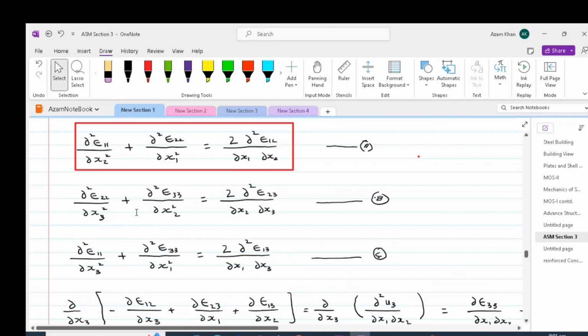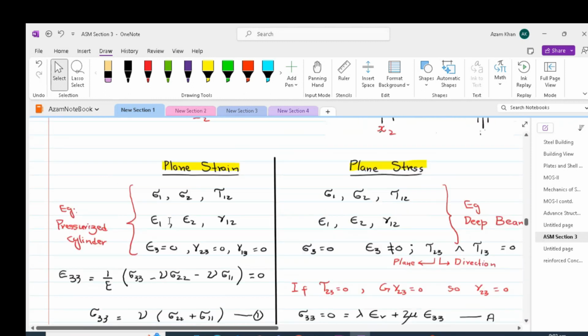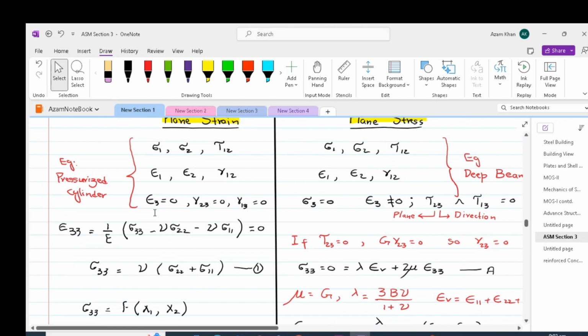Now, in the case of plane strain, we have epsilon 33 equal to 0. So the second compatibility equation will have epsilon 33 equal to 0 and epsilon 23 equal to 0. So we already discussed that all the strains corresponding to the direction 3 are equal to 0.